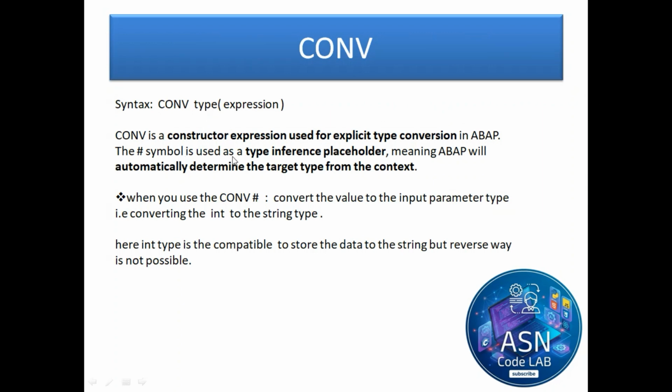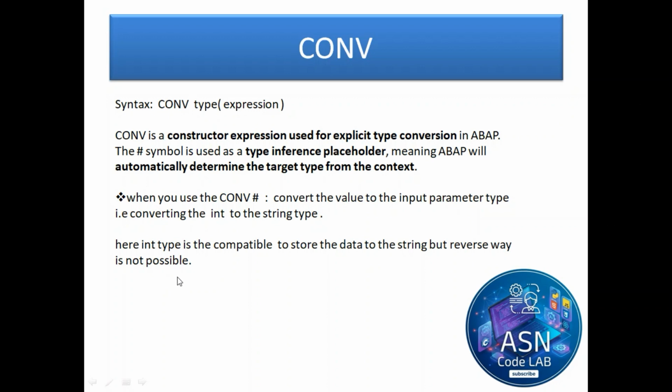The hash symbol is used as a type inference placeholder, meaning ABAP will automatically determine the target type from the context. So when you use CONV hash, it converts the value to the input parameter type, for example from int to string. An int type is compatible to store into a string, but the reverse is not possible.